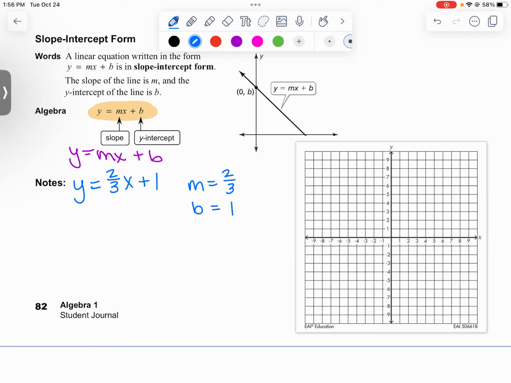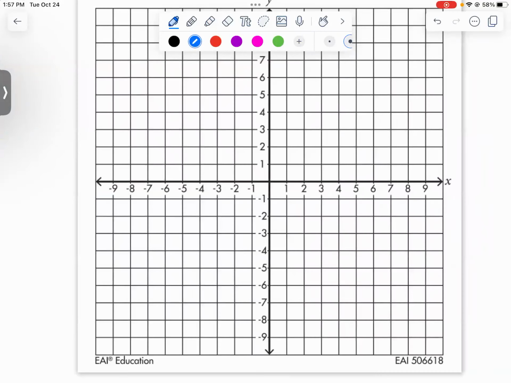So this is what we're going to do. We are going to go to our y-intercept and plot that point. So if our y-intercept is 1, I'm going to go to the y-axis and plot the point.